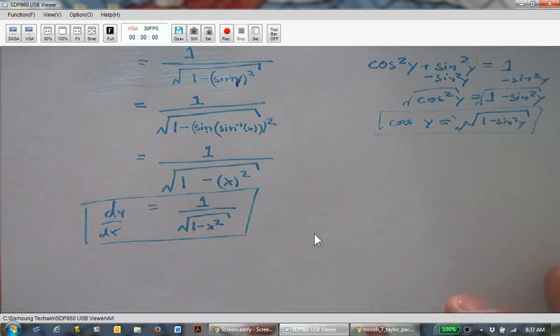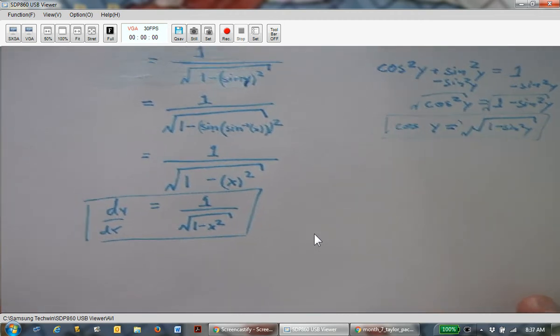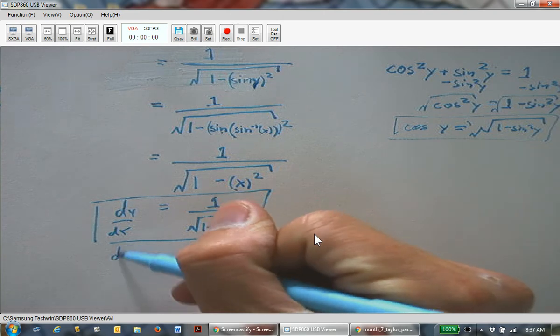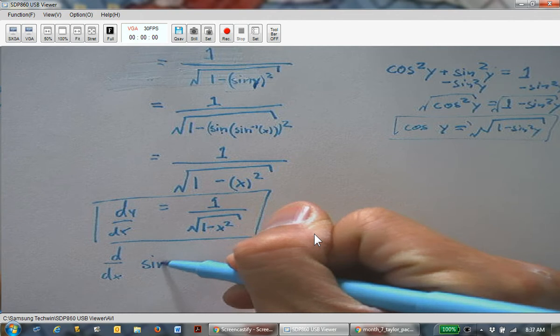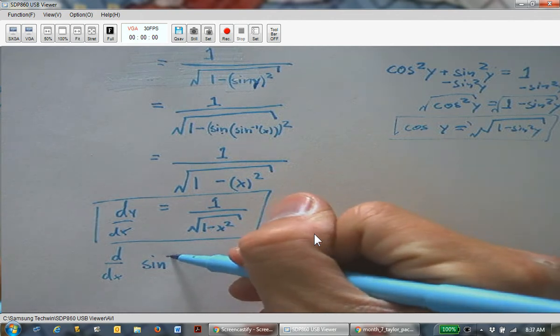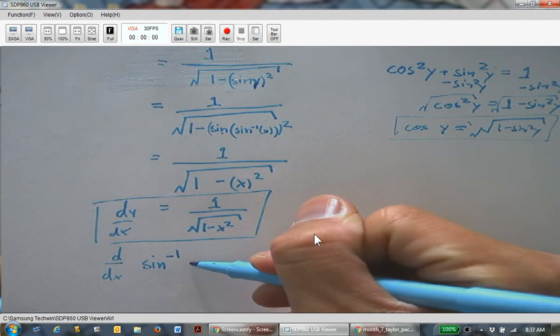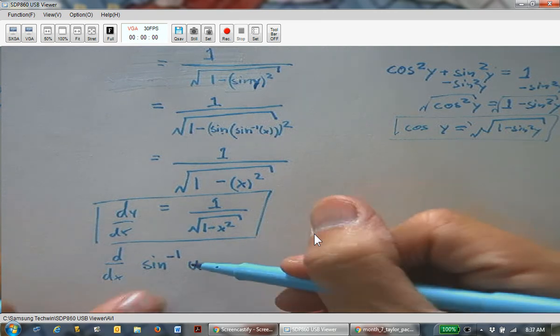So if we had to put it in terms of u, however, let's go back. What we just did was take the derivative of the inverse sine. Now let's say instead of x, maybe it's not necessarily x, but there's something inside the parentheses that could be a chain rule.